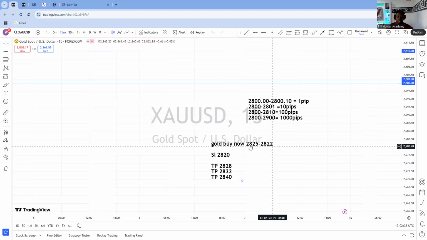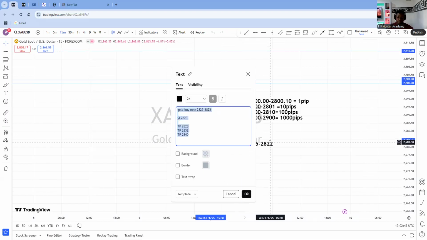Now, let's try and find out something. From 2825 to 2822, that is 30 pips movement.